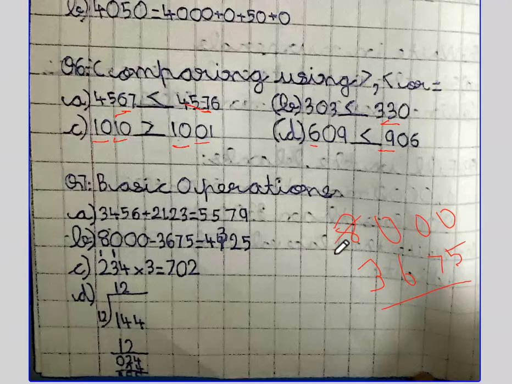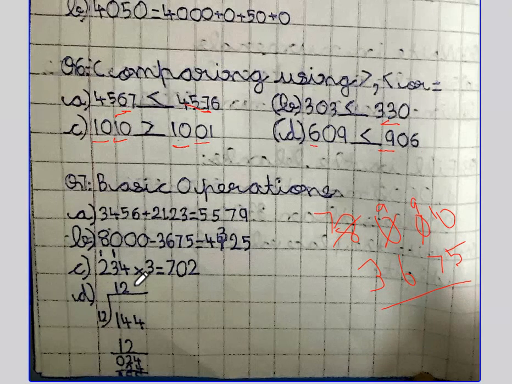So we are going to borrow from this 8. So it will become 7 and this will become 10. Other two digits will become 9. So 10 minus 5 will be 5. 9 minus 7 is equal to 2. 9 minus 6 is 3. And 7 minus 3 is 4. So we will be getting 4325 as the answer.